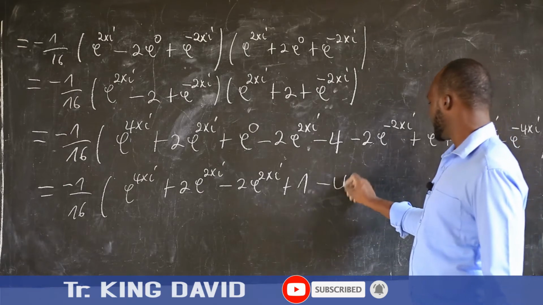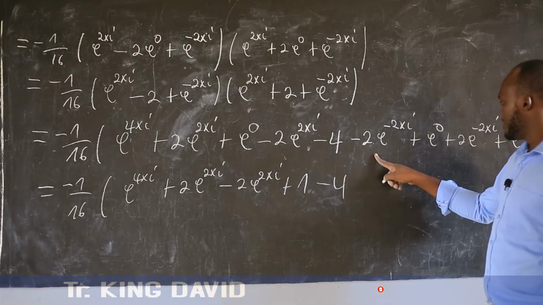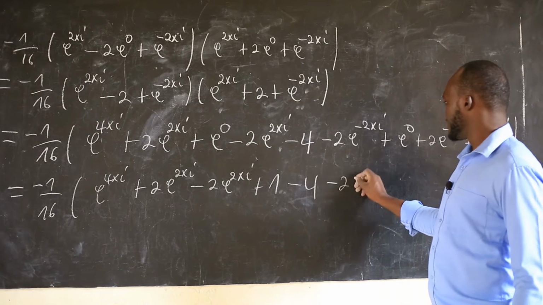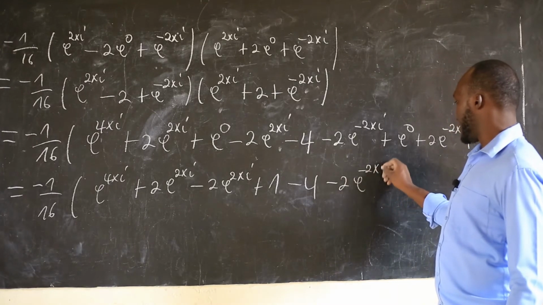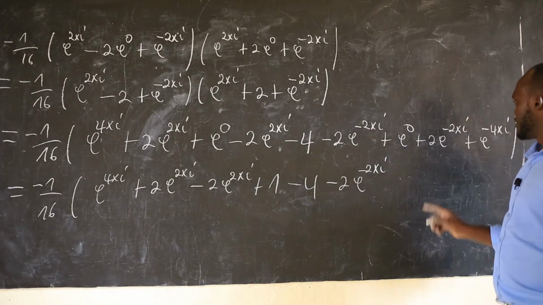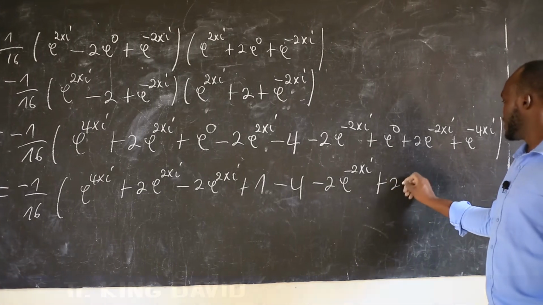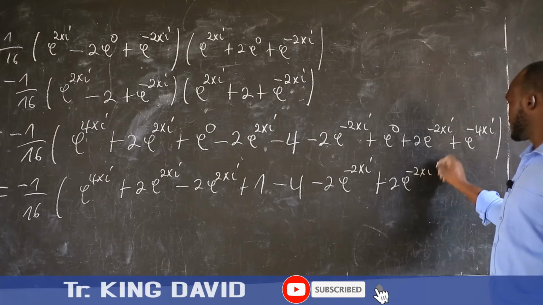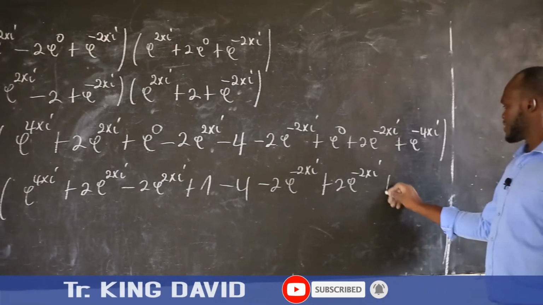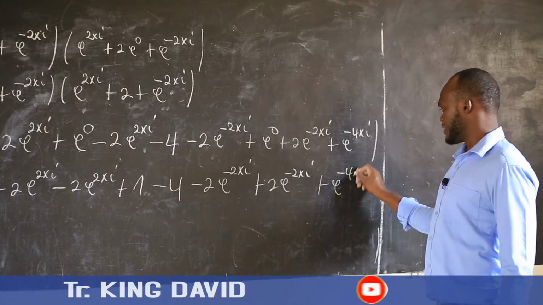Minus 4 minus 2 e power negative 2xi plus 2 e power negative 2xi, then plus e power negative 4xi.